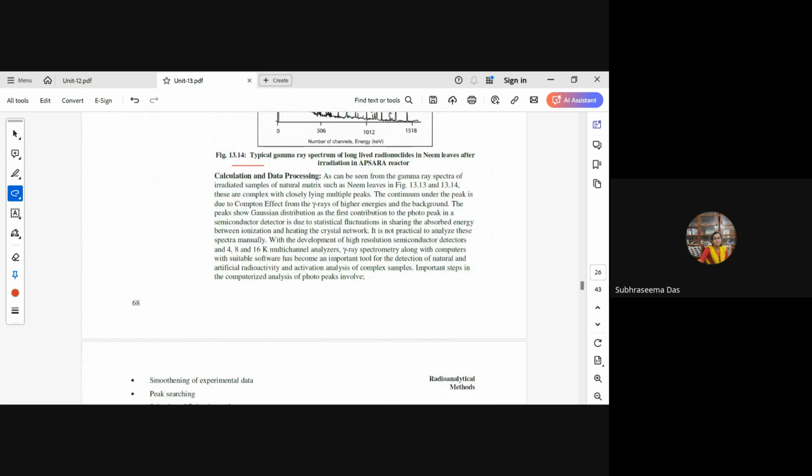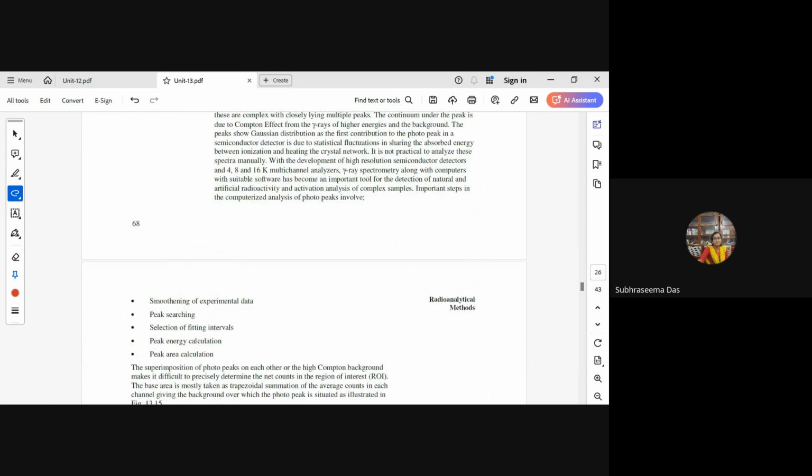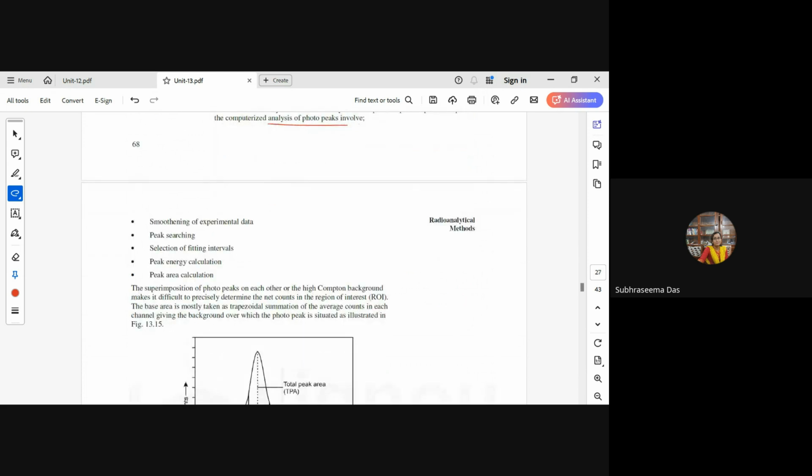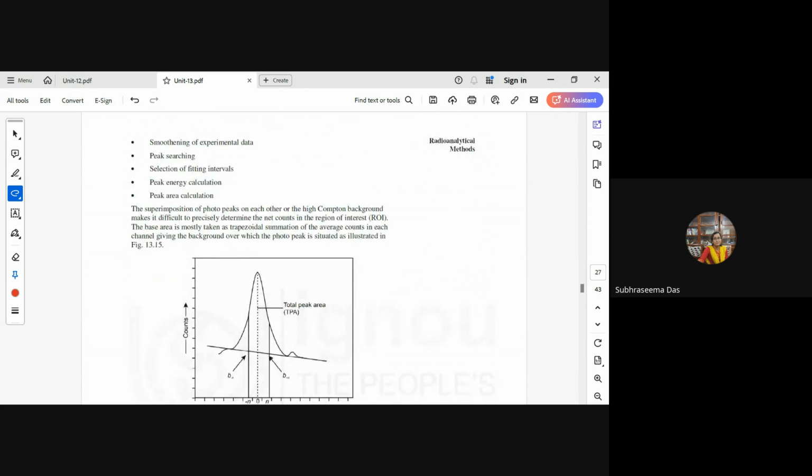Then calculation and data processing. For data processing, a Gaussian distribution is obtained and various types of software are used. The important steps that are computerized for analysis of the photopeak involve smoothing, peak searching, selection, peak energy calculation, followed by peak area calculation.